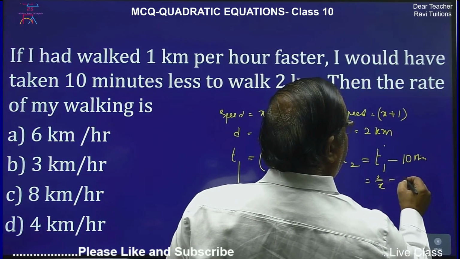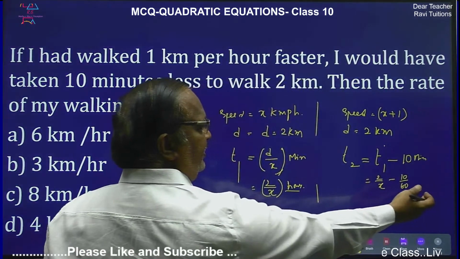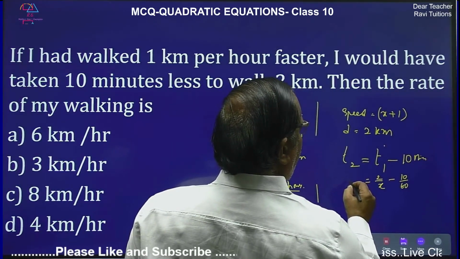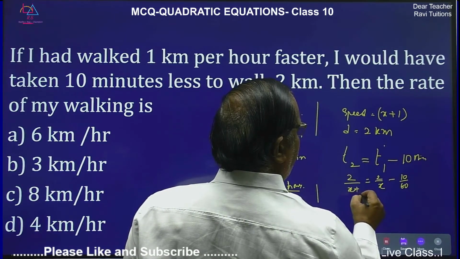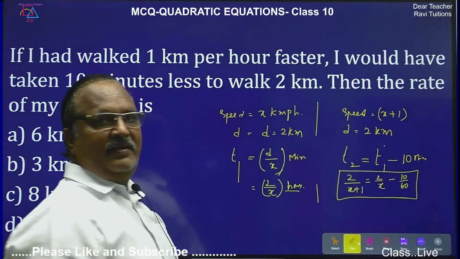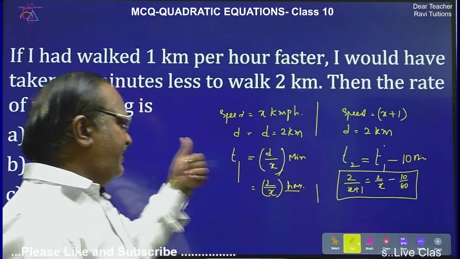So this is minus 10 by 60 hours. I have converted minutes into hours. Now T2 is how much? Distance by speed. So 2 by x plus 1. Now this is an equation. You have to solve this equation to get the answer.